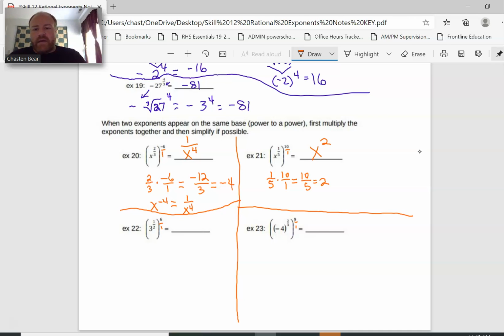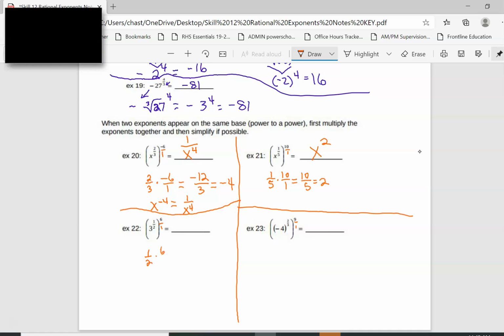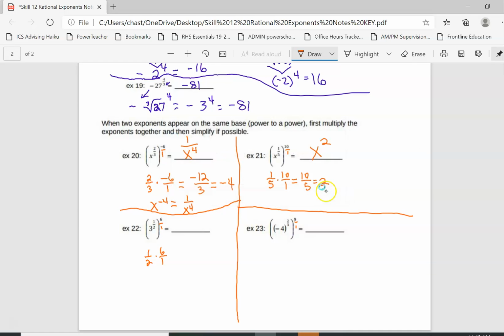Next one, we have 1/2 times 6 to the 1, which gives me 6 over 2, which is 3. So I get 3 to the 3rd. Remember, our base was 3. So my answer to this one is just 27. Then the next one we have, let's take our 2/3 times our 9 over 1.